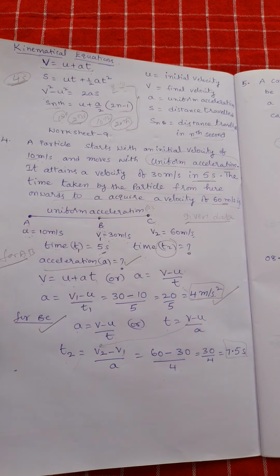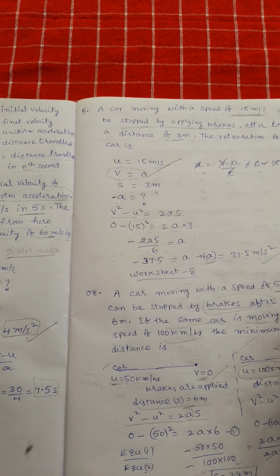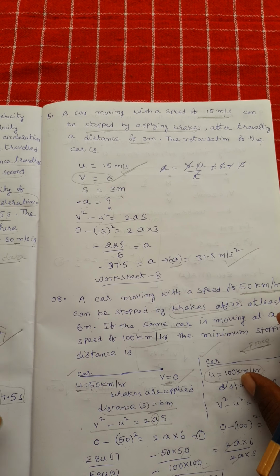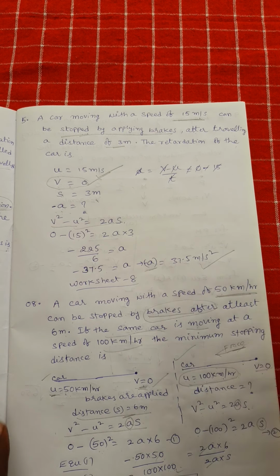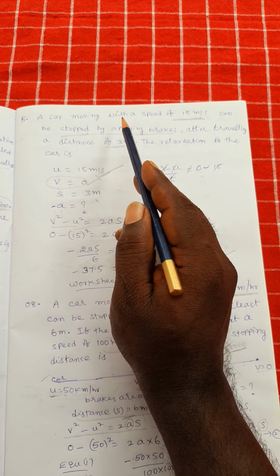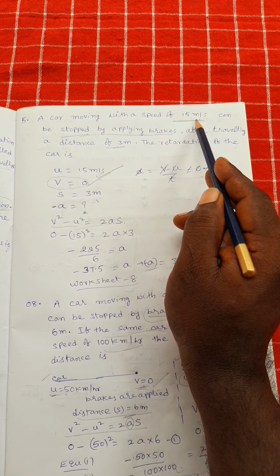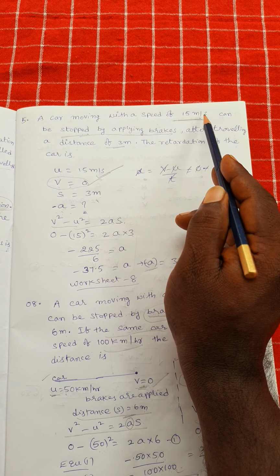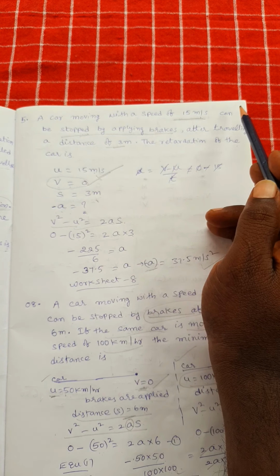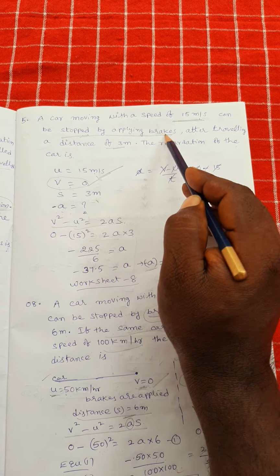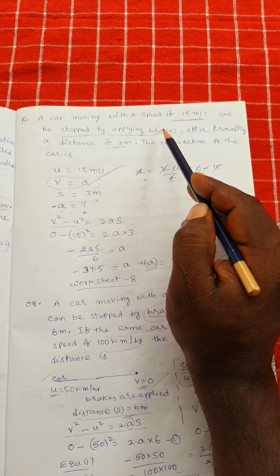Similarly, I will take question number 5 of worksheet 9. A car moving with a speed of 15 meter per second, that means initial velocity is given as 15 meter per second, can be stopped by applying brakes. So brakes are applied to stop.